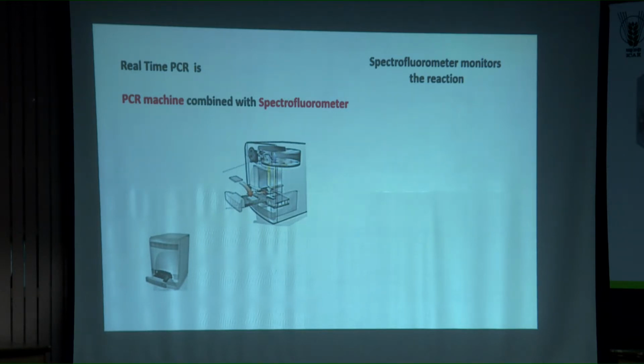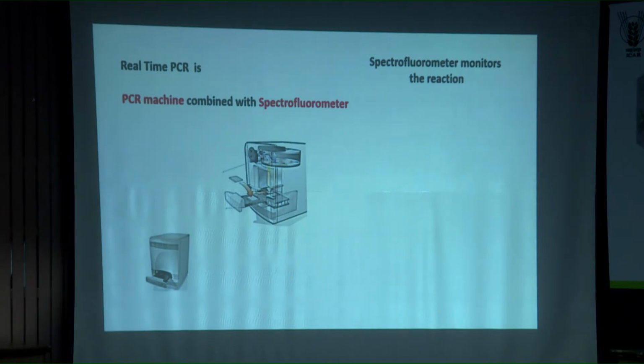There's nothing more than that, right? So if you want to monitor something, you need to install something there, right? If I want to monitor you in a street, I put CCTVs, right? So the CCTV, analogically, is the spectrofluorometer here. We install this spectrofluorometer in the PCR machine to see what's going on in a small tube.